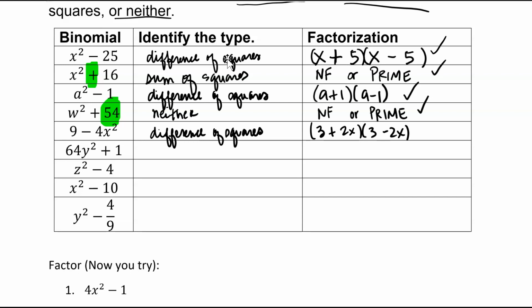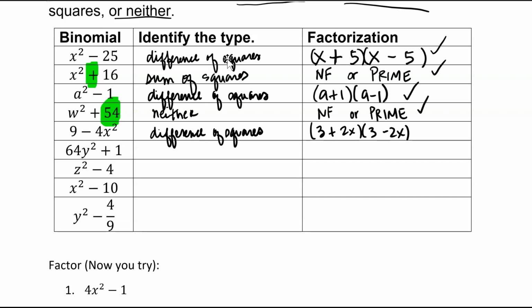I want to point out that 2x plus 3 times 2x minus 3 is not the same thing. Your signs will not end up being the exact same thing as 9 minus 4x squared. So be very, very careful about attempting to switch things around and you're not totally switching the signs properly.